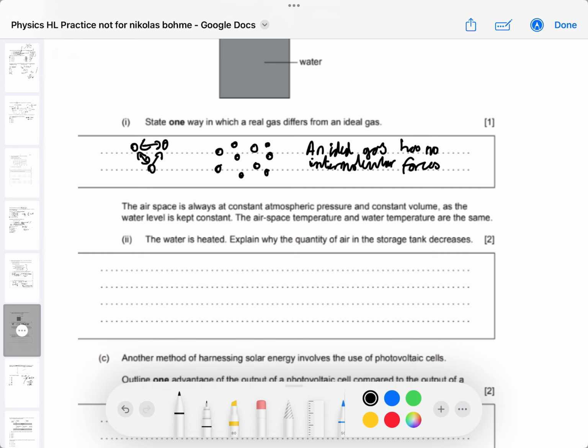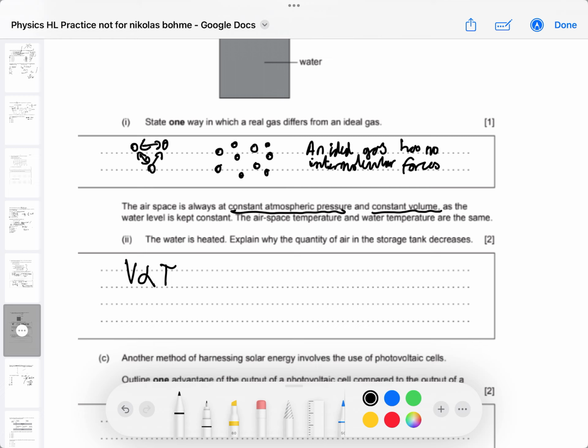It now says that the airspace is always at constant atmospheric pressure and constant volume as the water level is kept constant. The airspace temperature and water temperature are the same. The water is heated. Explain why the quantity of air in the storage tank decreases. We know that volume is directly proportional to temperature at constant pressure.